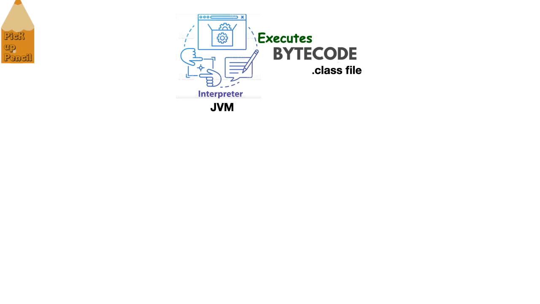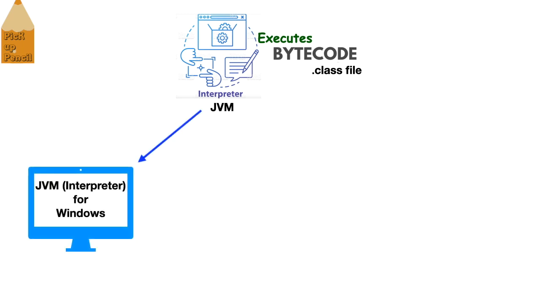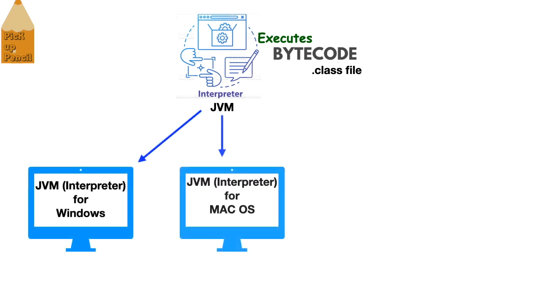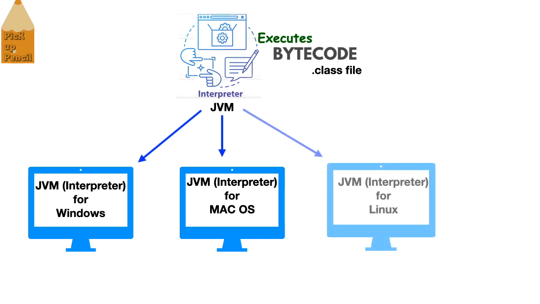There is one last aspect of the bytecode I want to cover today. Whenever you execute the compiled bytecode, you may not necessarily want to run it on only one machine like Windows. You may want to run that code on Windows, on Mac OS, or maybe on a different system altogether like Linux. That is why we need a different JVM or interpreter for each type of system, so that they can run the bytecode.